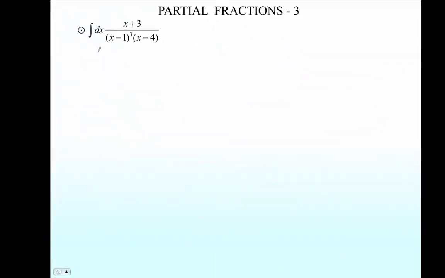Here's another integral, and the integrand is a rational function. There is a linear factor at the top, and there is a quartic factor in the denominator. That is 3 powers of x minus 1 and 1 of x minus 4. And we expect that there will be 4 terms on the right-hand side.